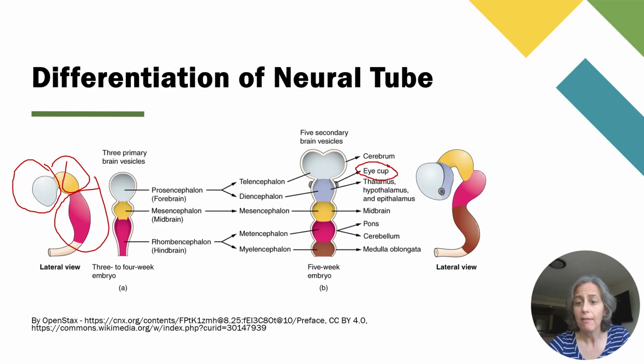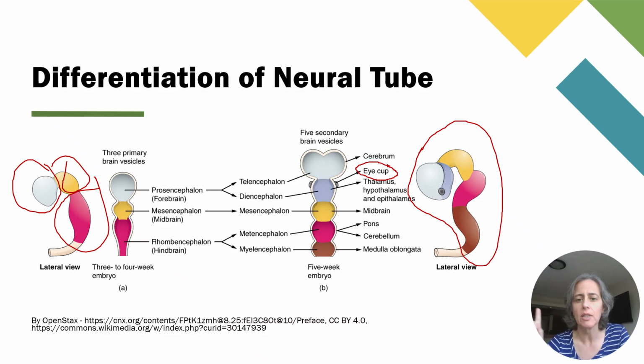So at about 5 weeks after development, this is what the brain looks like. It is a hollow tube filled with fluid, right? Not very impressive, but it's going to become all of the things that you are familiar with. So let's take a look at that.